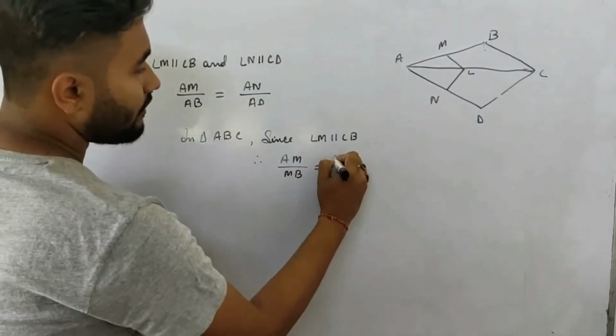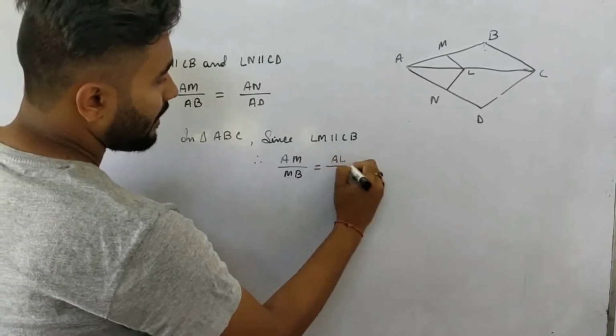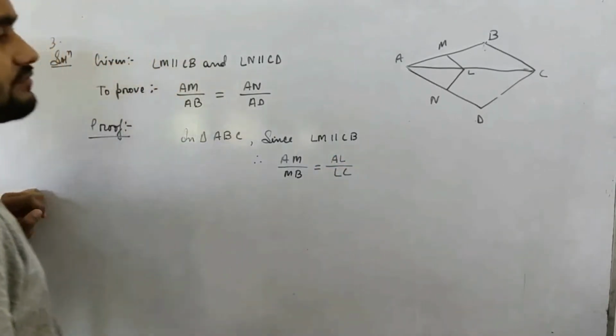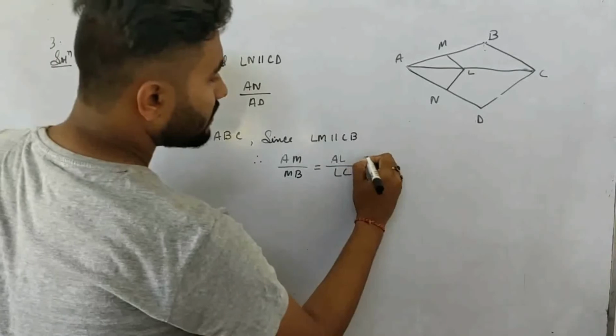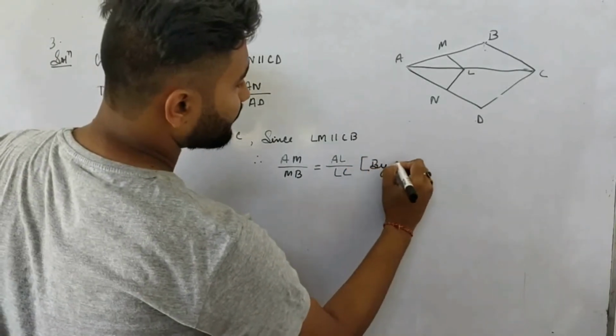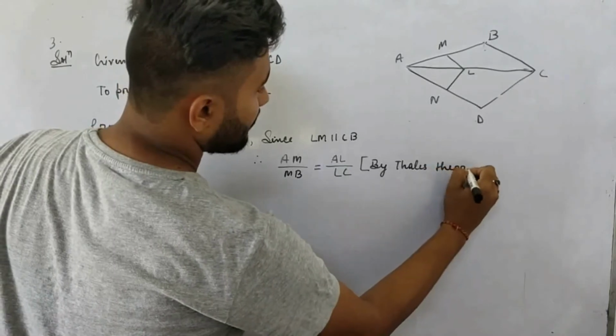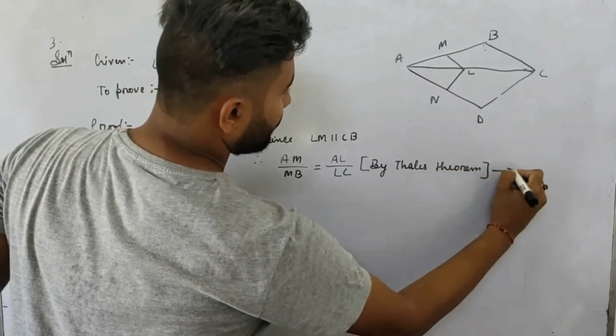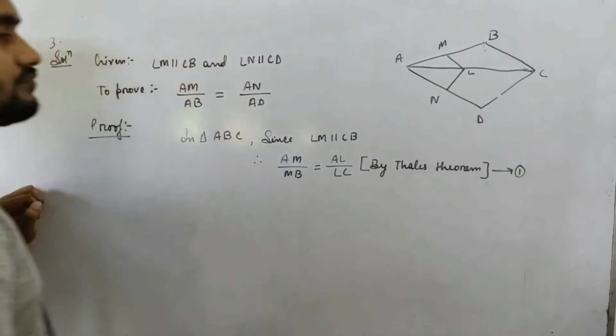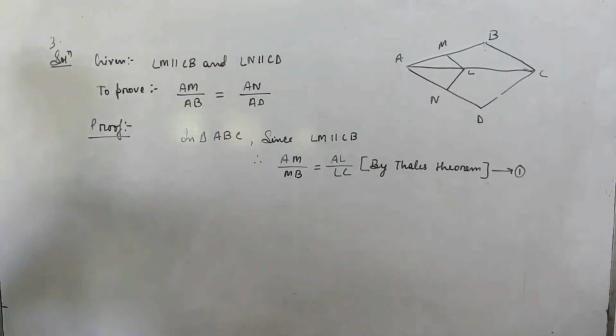So I will write over here AL by LC. Understood? The reason you write: by Thales theorem. Equation 1. Understood? Give this as equation 1.